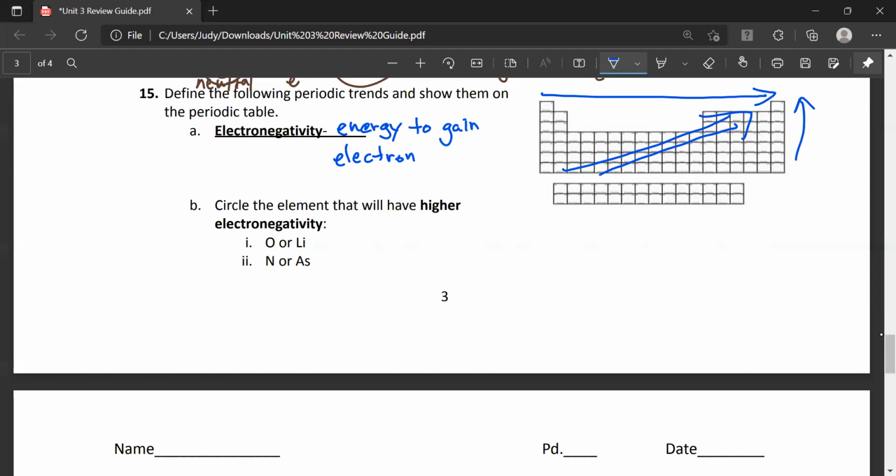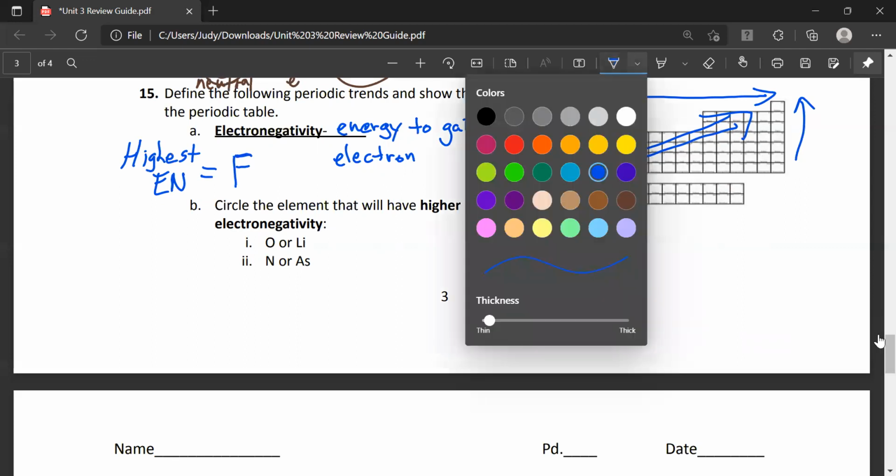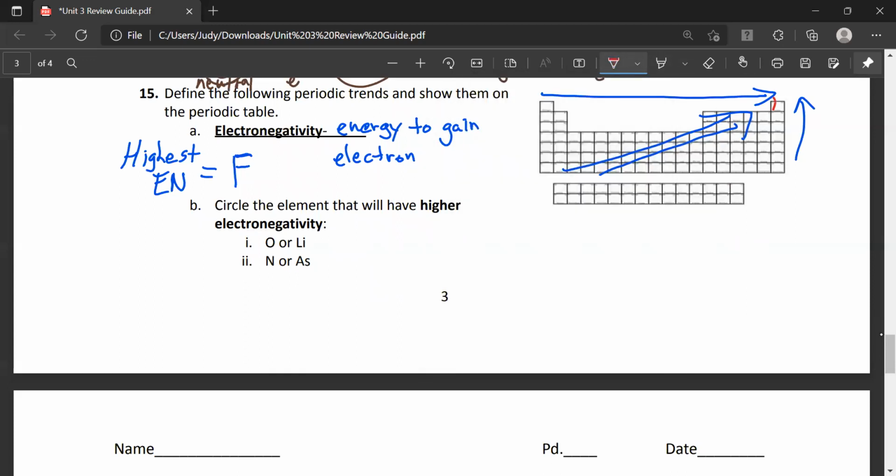Now, if we talk about the highest electronegativity, this might be extra information. The highest element in this case is fluorine. Now, you might ask, why isn't it helium, because it's in the top right corner of the periodic table?